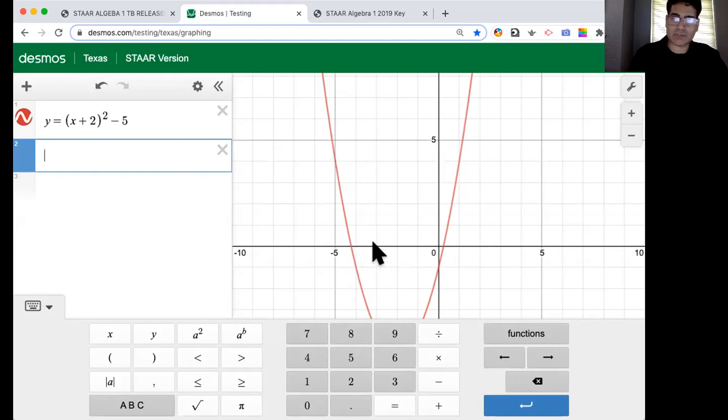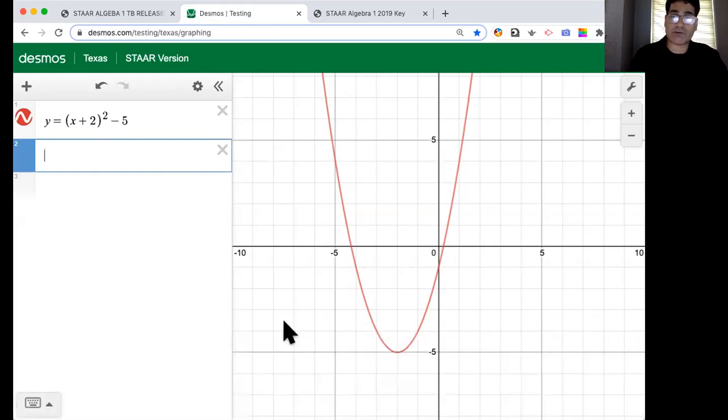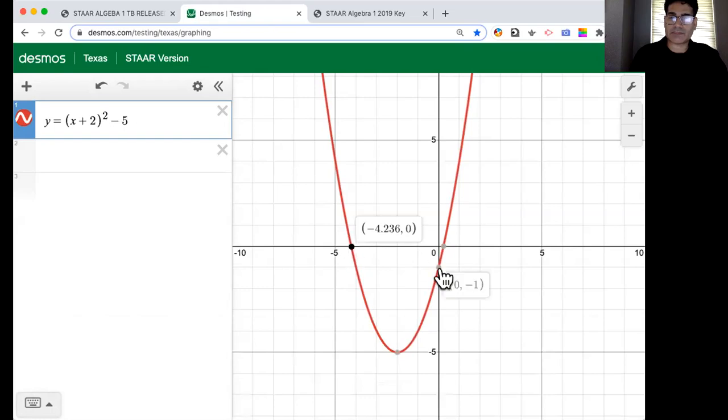All right, so we have a parabola, which is what a quadratic equation will give us. We can see where the zeros are, and they call them zeros because it hits the x-axis. And there's not a value up or down in the y, so they're called zeros.